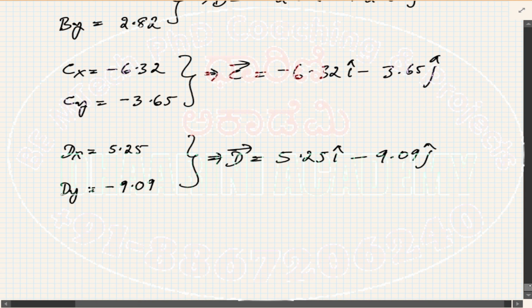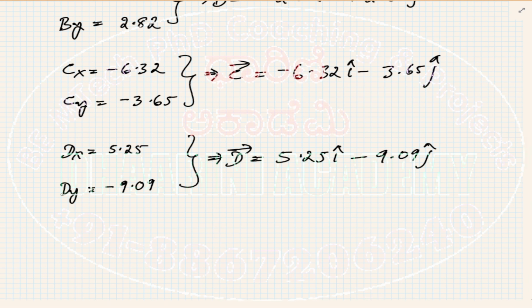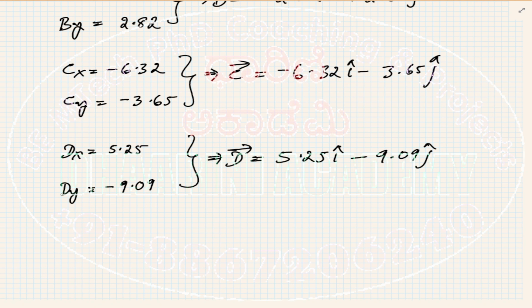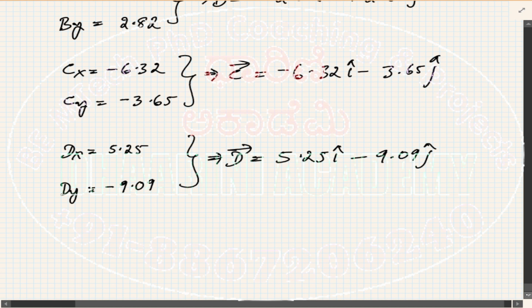In the same fashion, we can find the angle, and if the angle is given, we can represent the x and y components and write the equation. Now, say we want to go back.